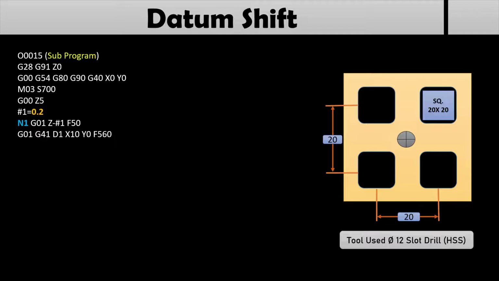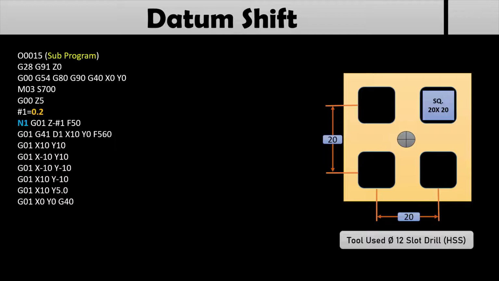The next G01, X10, Y10 is the other coordinate point. Then G01, X minus 10, Y10. G01, X minus 10, Y minus 10. G01, X10, Y minus 10. G01, X10, Y5.0. G01, X0, Y0, and tool nose radius compensation is cancelled with G40. So these are the coordinates for cutting the square only.